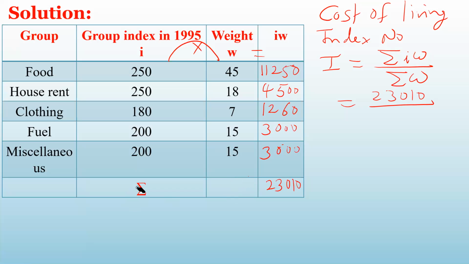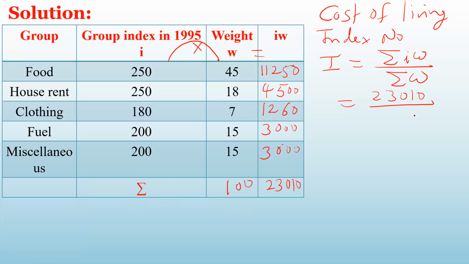So I've already written here the summation. So this row stands for summation. Okay. So if you add these weights, 45 plus 18 plus 7 plus 15 plus 15 gives you 100.